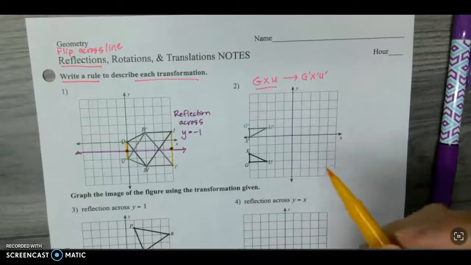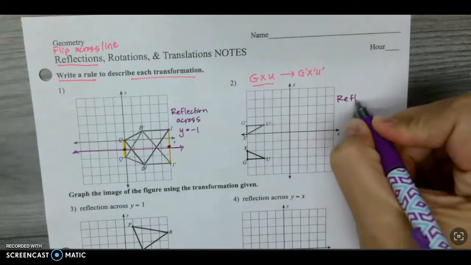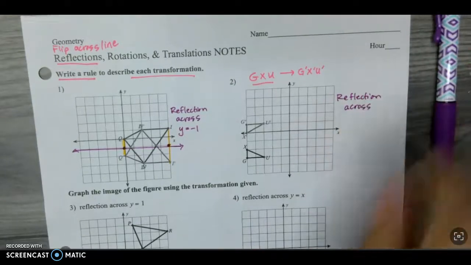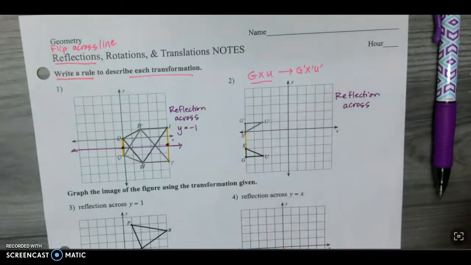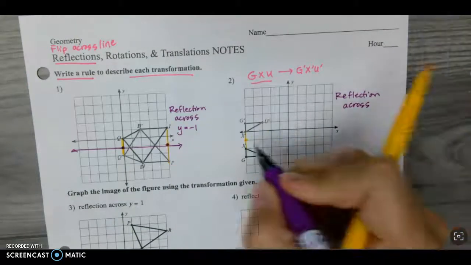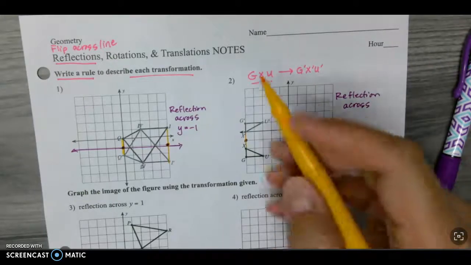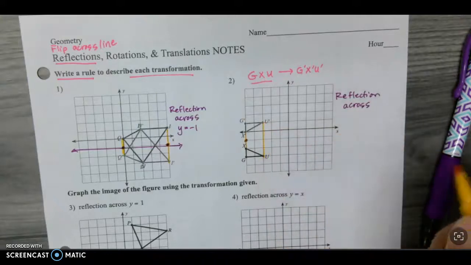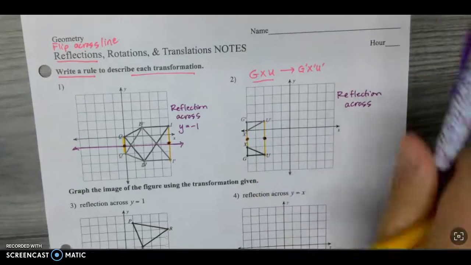Okay, so we see that it's a reflection because it's a flip. Okay, so we have reflection across. Now we need to find that line of reflection. So I'm going to say, well, how far are x and x prime from each other? Well, they're 2 units away, so halfway between, right here, that's got to be on my line of reflection. And the same thing if I look at u prime, 1, 2, 3, 4, they're 4 units away from each other, so halfway through is 2 units away.